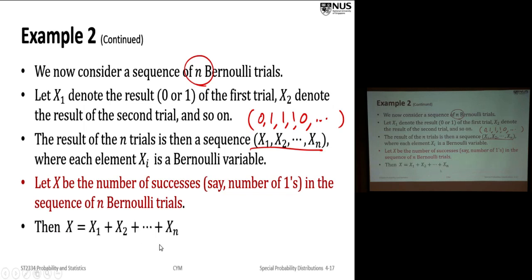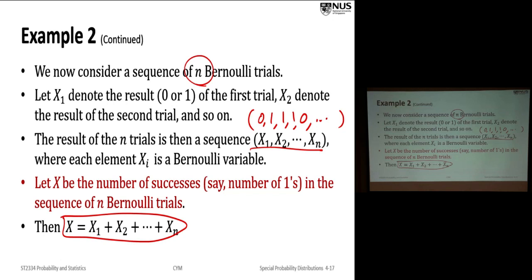This is the beauty about the whole 0, 1 thing. X can be expressed as a formula, the sum of all the outcomes x1 up to xn. You can see that x1 up to xn take values 0 and 1.